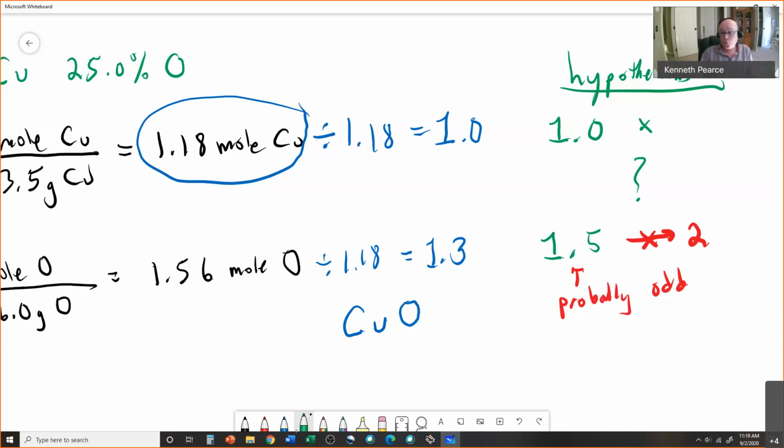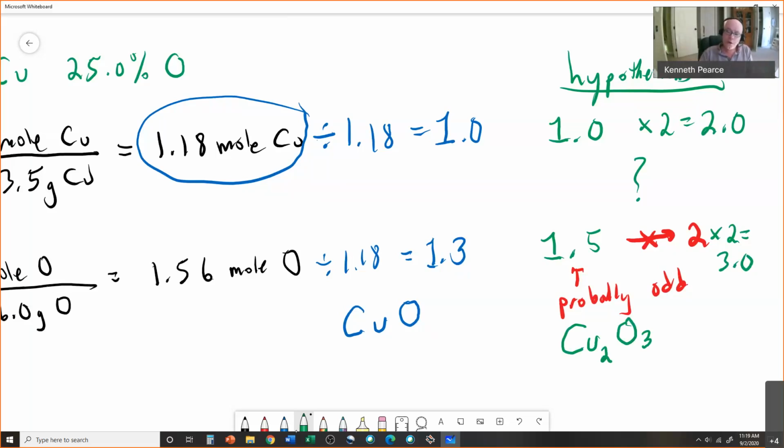Times 2, times 2. If we say times 2, we're going to get 2.0 and 3.0 if hypothetically we'd end up with a 1.5. And so now we have a different compound, and that would be copper 2 and a 3 on the oxygen.